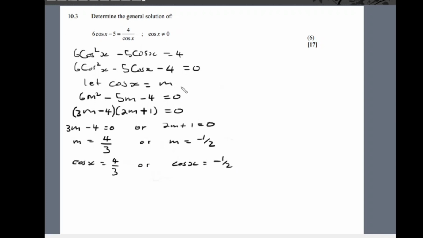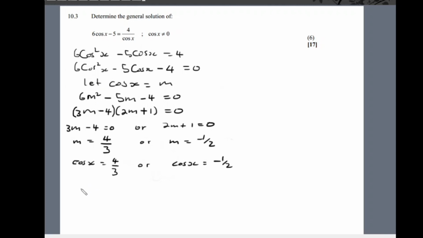But then to solve for this equation, we need to find the general solution of this equation. In other words, we want the angles that will satisfy this equation. We want the values of x that will satisfy this equation, right?